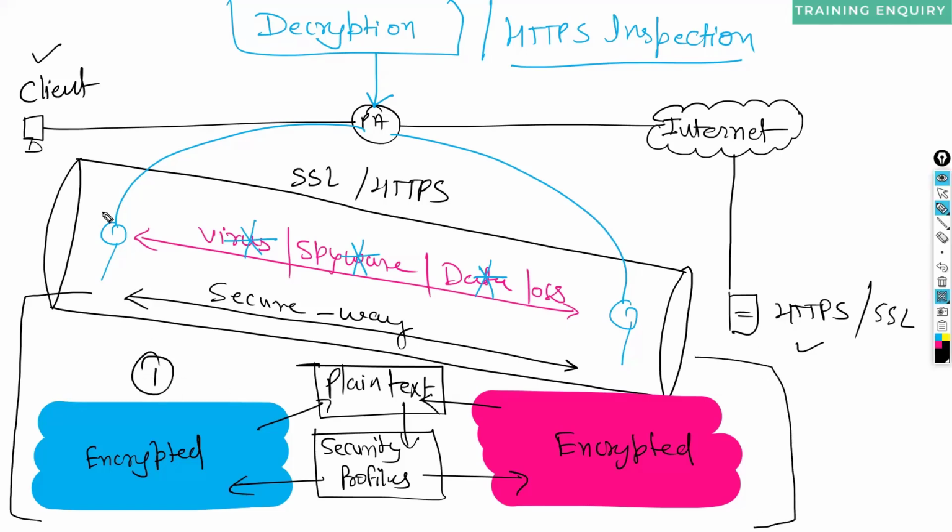There will be one tunnel between the client and firewall, and a second tunnel between the firewall and server. Data will be encrypted when it is internal, but when data is available at the firewall, it is in plain text format, we can filter that plain text data through a security profile and we can send it.